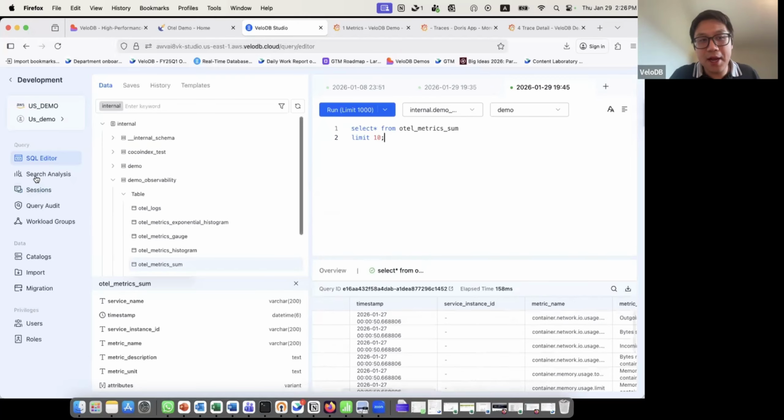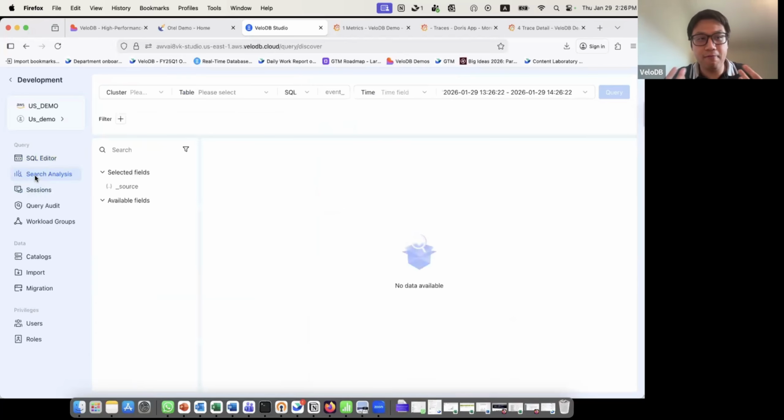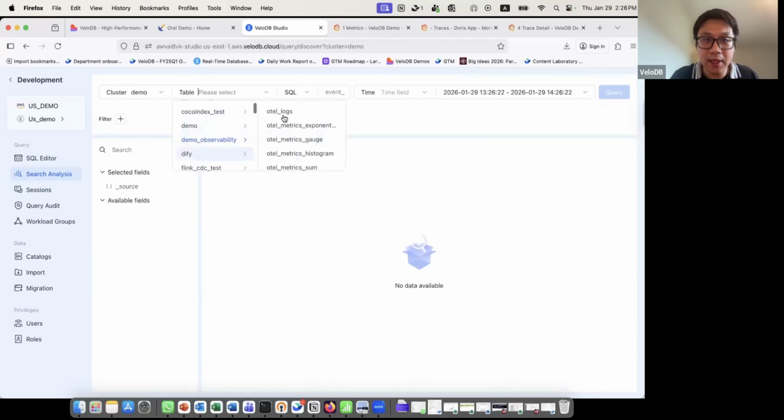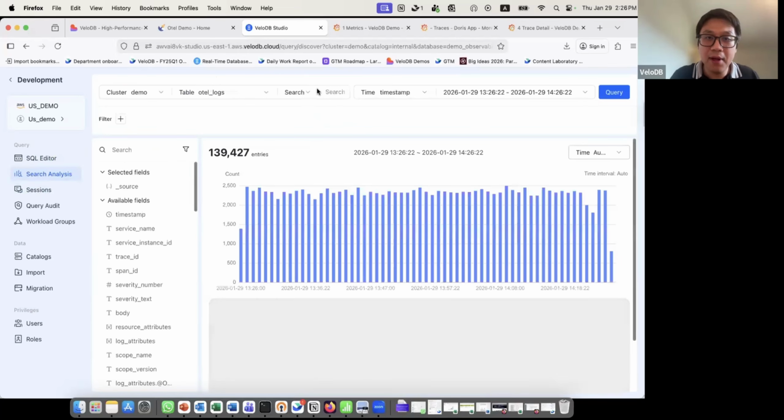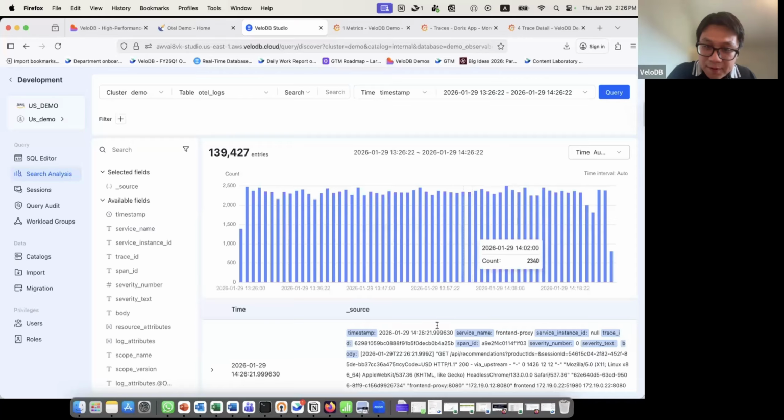You can see this is the metrics table, and you can use SQL to play with the data. But at the same time, if you wanted to search with full text search, we provide that experience as well inside our console. So we can select the demo cluster, select the observability OTel logs table, and now I'm seeing all of the logs. But let's say I'm only interested in logs that have the app WebKit.